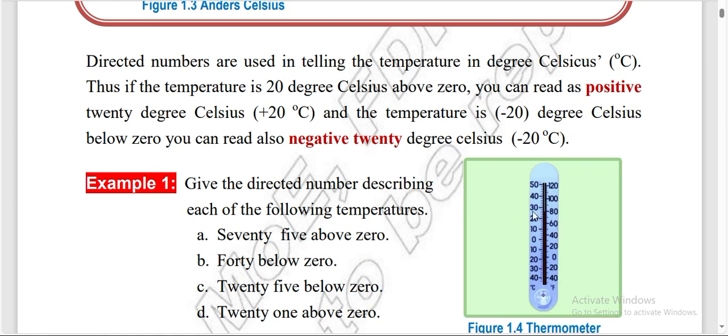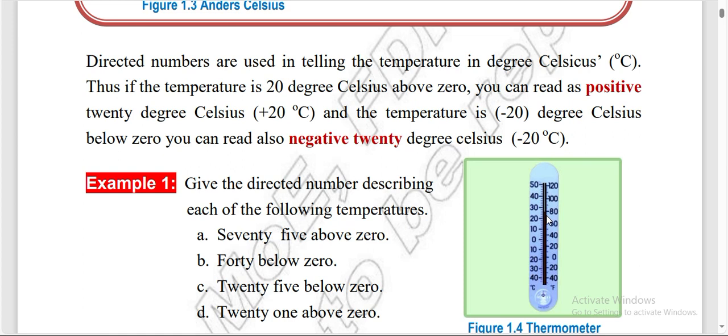From these thermometers, the negative sections are below 0, and the positive sections are above 0 reading. From this thermometer reading you can easily understand: if you see section A, 75 above 0 means the number is greater than 0, around here, 70, 75. This one is the positive section, which means the temperature is greater than 0.